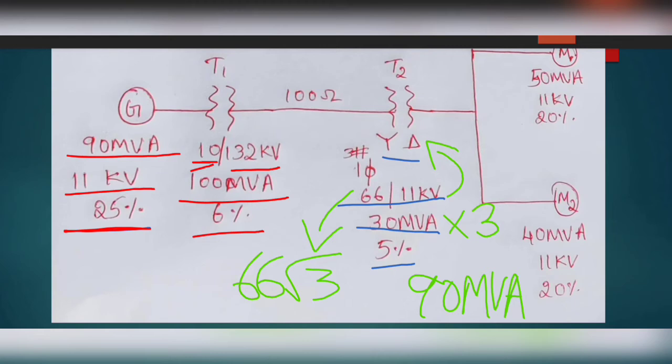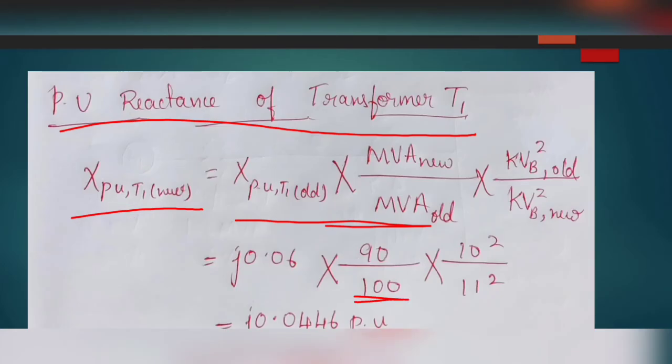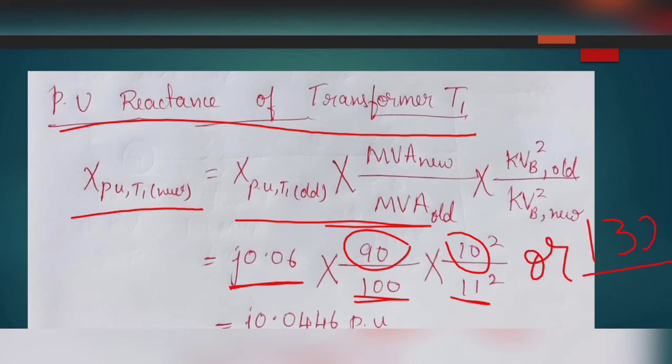If we select 10 kilovolts, the new value is the generator base. If we select 132 kilovolt, the new value is the kV base of the transmission line, 145.2. With 100 MVA, 6% as j0.06, 10 square, new 90 MVA and 11 kilovolt, after calculating we get j0.0446 pu.